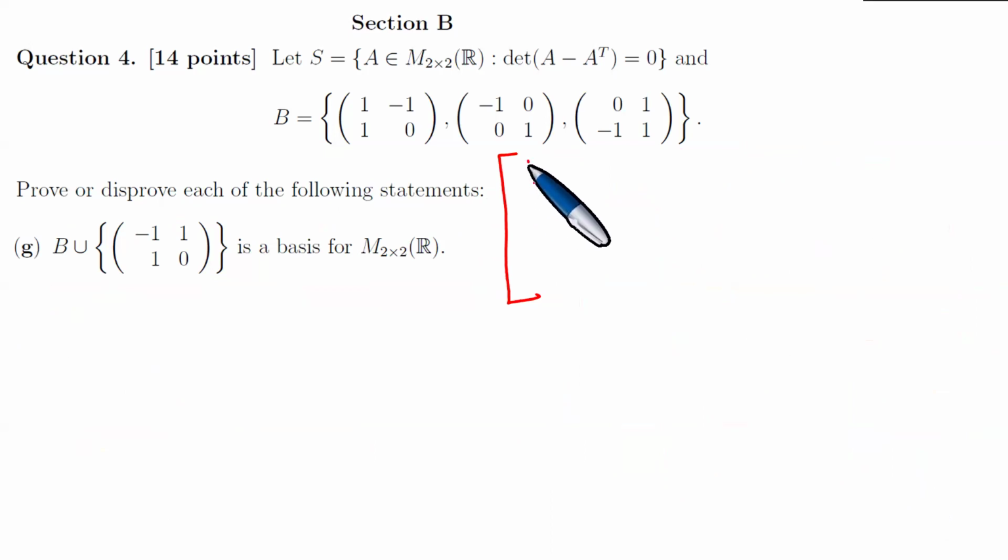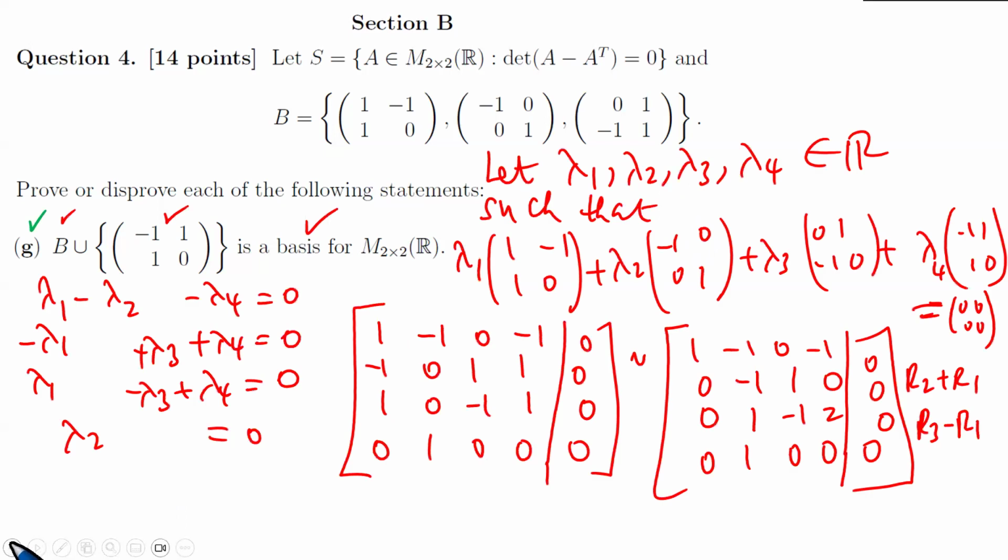Can you go back to the last slide? Check what we have in here. For lambda 3, it's 0, 1, negative 1, 1, not 0. Let's check which one. You see the matrices for lambda 3? Yes. It's 0, 1, negative 1, 1.